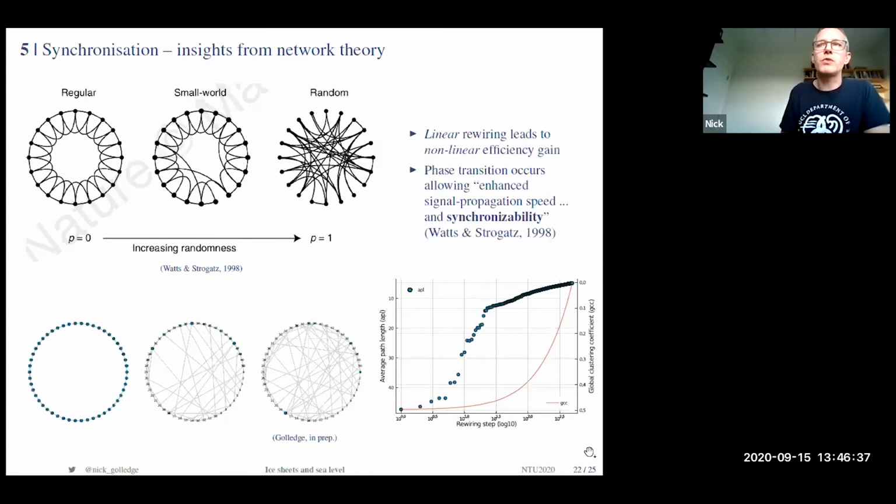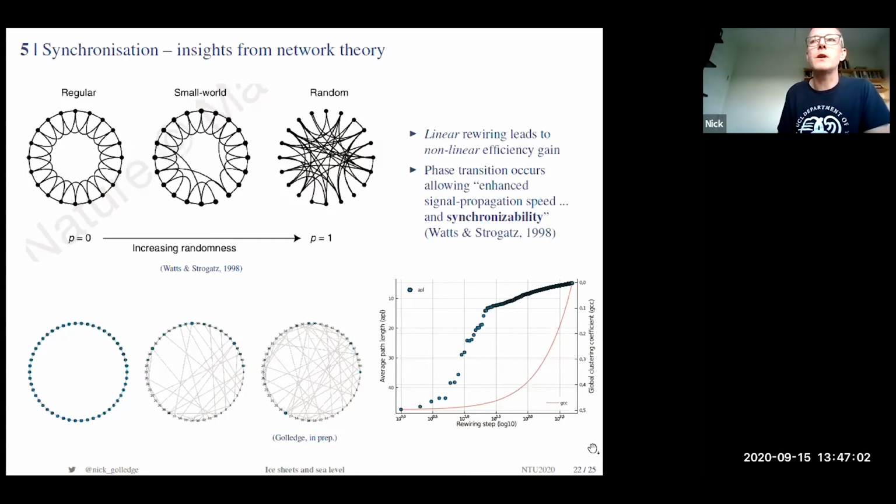It's pretty inefficient because it has to go through all the intervening nodes. On the furthest right of those three panels, the random network, nodes might be connected directly to their neighbor, or they might be connected to the other side of the network.